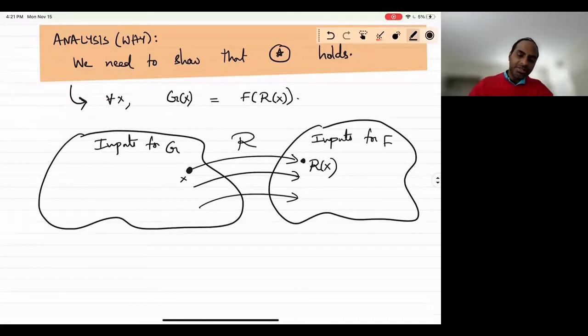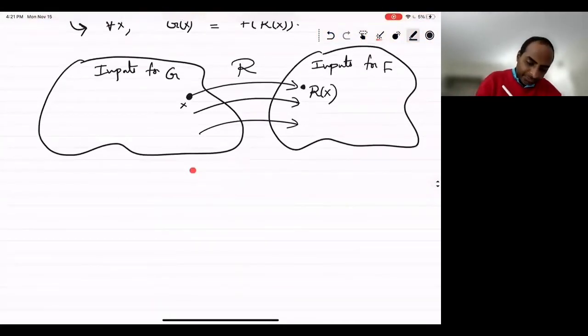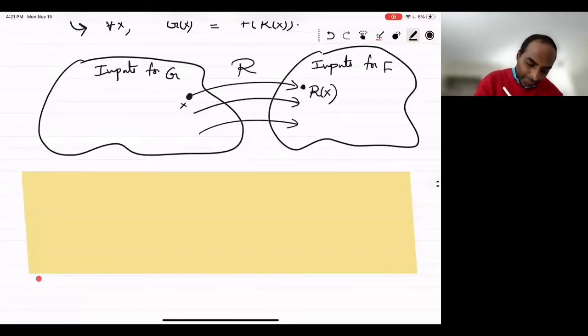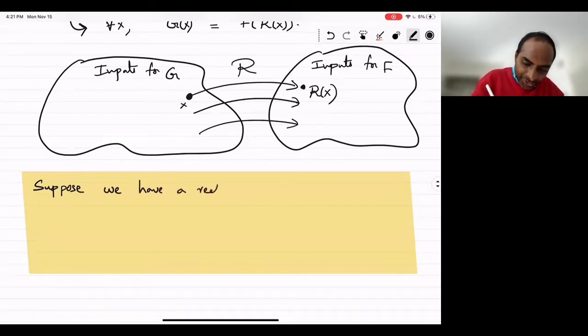Okay, and the power it gives us is the following. Suppose we have a reduction R from G to F, just as above.